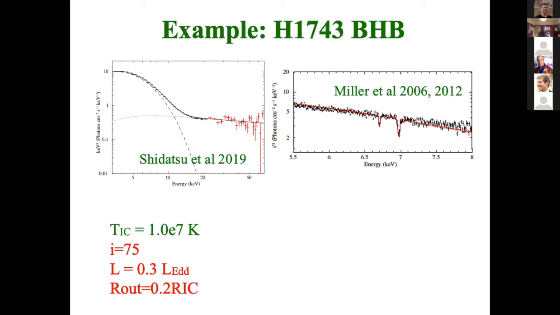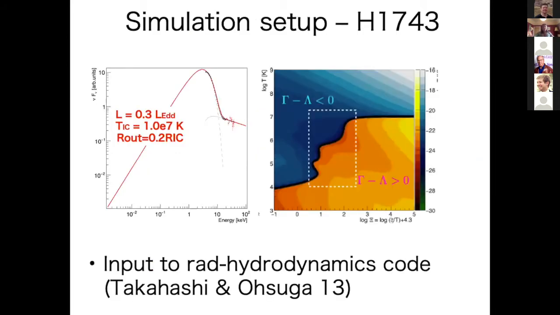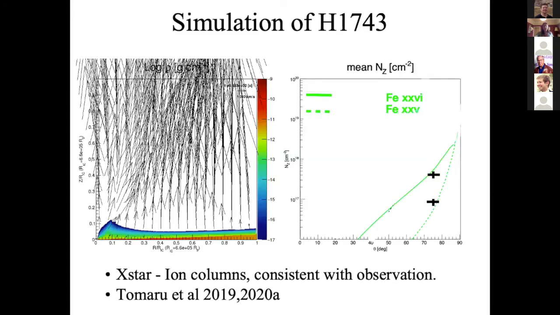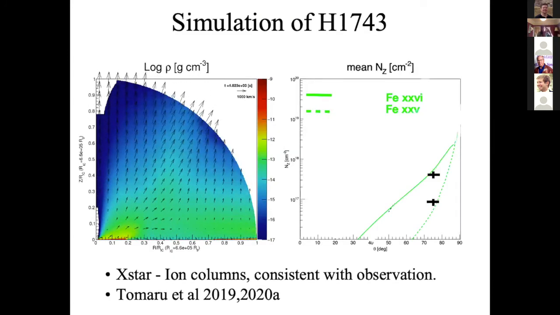Well, you don't actually know them particularly well, but here's a set of orbital parameters that are kind of in the middle of where we think we are for this source. And so you can take that, you can take your spectrum, put it into a heating and cooling calculation, and use that as input to a radiation hydrodynamics code and set it going, and there's your wind.